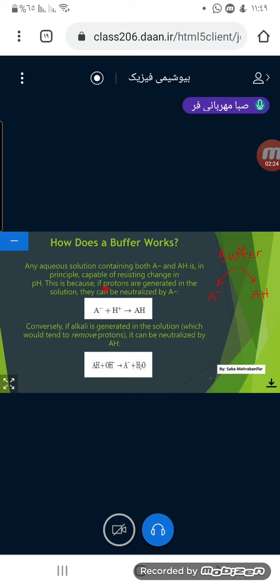This is because if protons are generated in a solution, they can be neutralized by A minus.